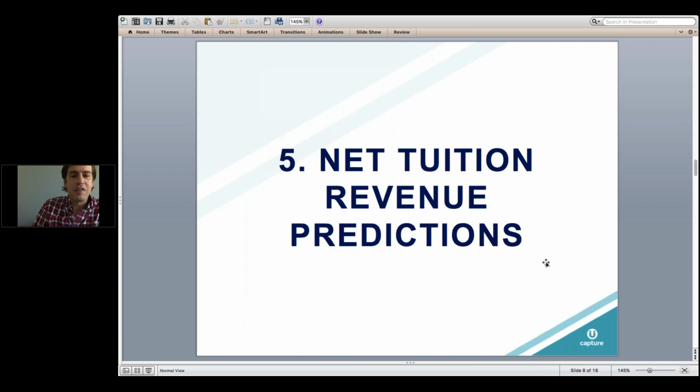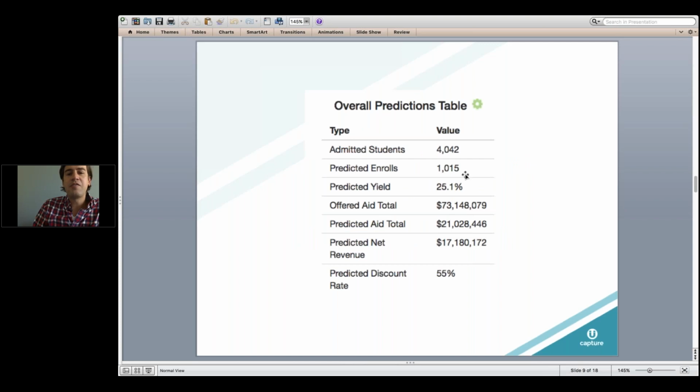So speaking of net tuition revenue predictions, that's another thing that we think is a cool feature of this model that maybe gets a little bit overlooked. So in our enrollment plus financial aid models, obviously we have the predicted number of enrolled students and predicted yield, and we also make these predictions down here that can be pretty useful to say, here's the amount of aid that we're actually probably going to spend on these students. Obviously, if you offer 73 million in aid, not everybody's going to take you up on it.